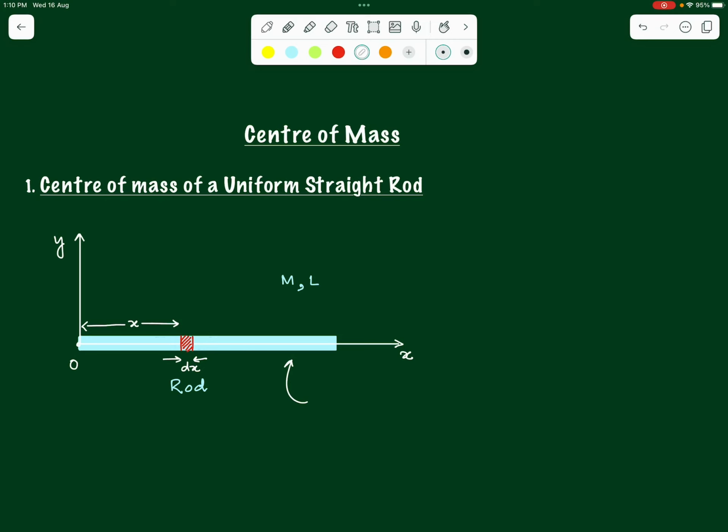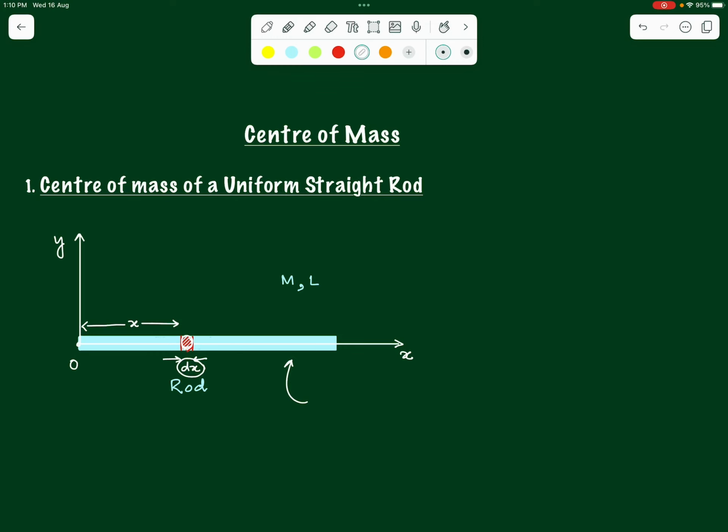Understand, dx is a very small thickness, so small that we can assume all the mass we are taking up here is kept at the position x itself. Because dx is very small, we can consider this to be a point particle placed at x. This can be done because we have taken the thickness to be infinitesimally small. How does that help us mathematically? We shall see that very soon.